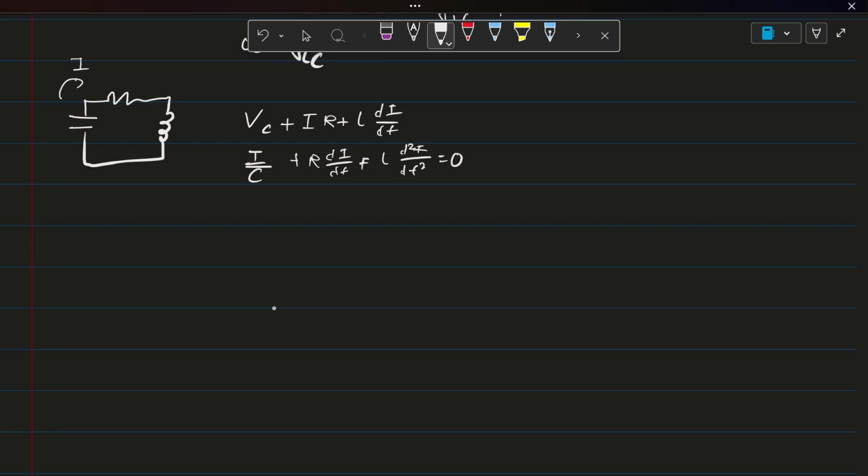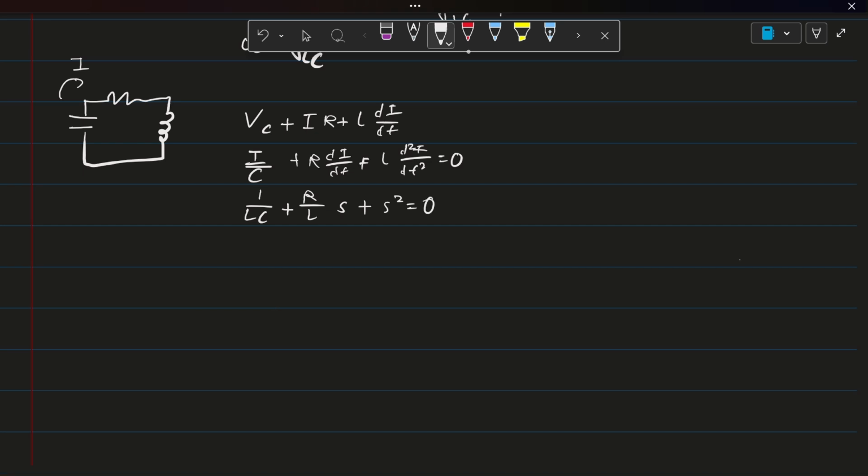So that's what we'll actually do. So we could just solve this. Let's actually make this into a characteristic polynomial. Let's multiply everything by 1 over L first. So we will get 1 over LC plus R over L s, which is our variable in this case, plus s squared equals 0.